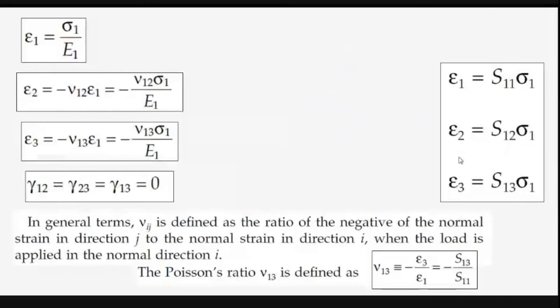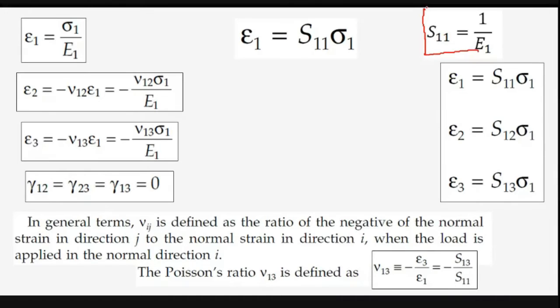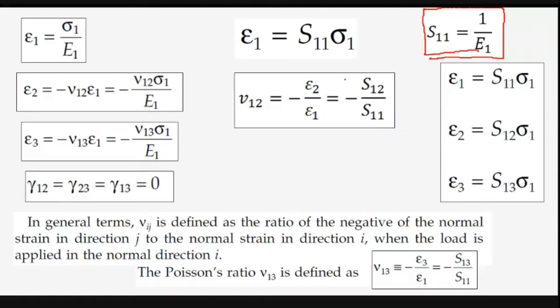Now, further simplifying this, we have already seen that epsilon 1 is equal to S11 sigma 1, or this can be written as this, from the same equation. Now I want to find the Poisson's ratio. S11 is equal to this one, which we have seen. Now what is Poisson's ratio nu 12?